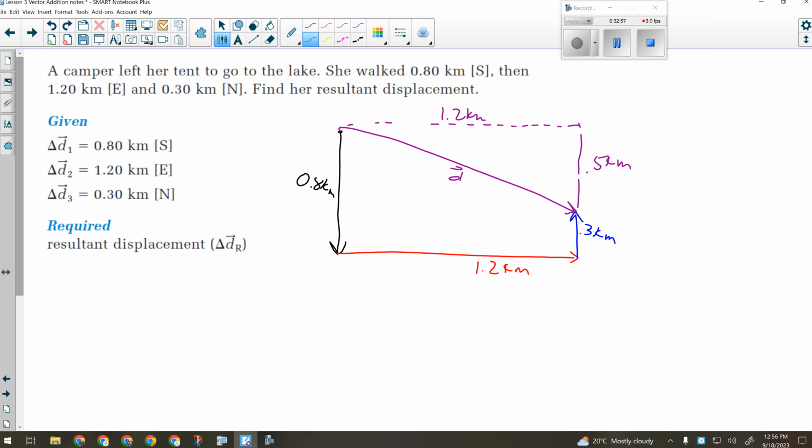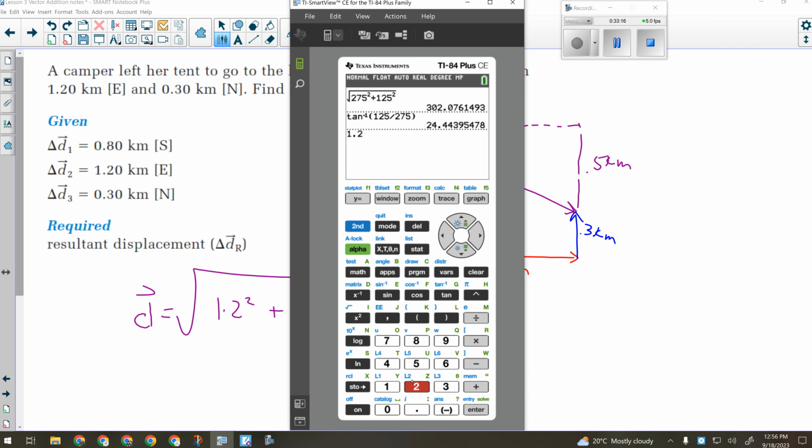Can I figure out the magnitude and direction of my displacement? I just have to do Pythagoras. That'll be 1.2 squared plus 0.5 squared. That'll give me the magnitude of my displacement. So 1.2 squared, plus 0.5 squared.